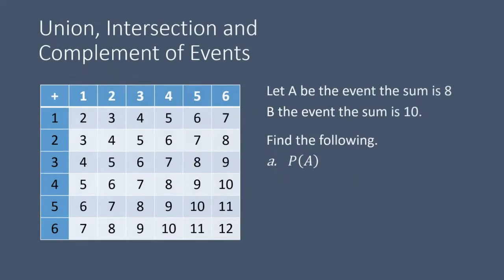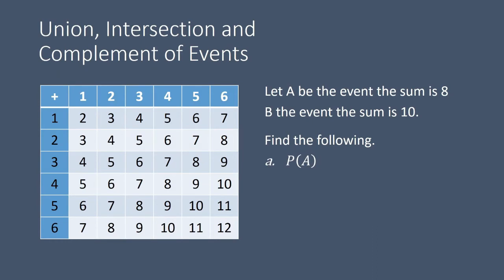Let us find P of A, the probability that the sum is 8. It is equal to n of A divided by the size of the sample space. N of A refers to how frequently 8 appears in your sample space, or in your set of possible outcomes. How often does 8 appear? We will just look into this. 8 appears 1, 2, 3, 4, 5.